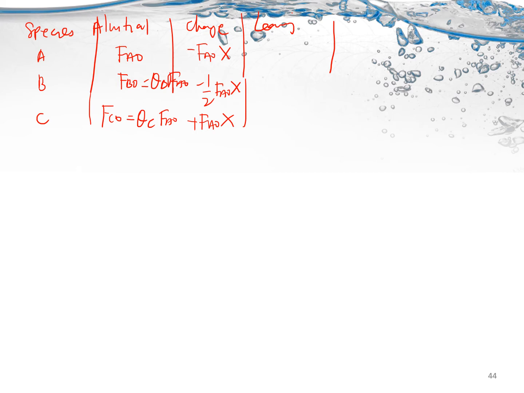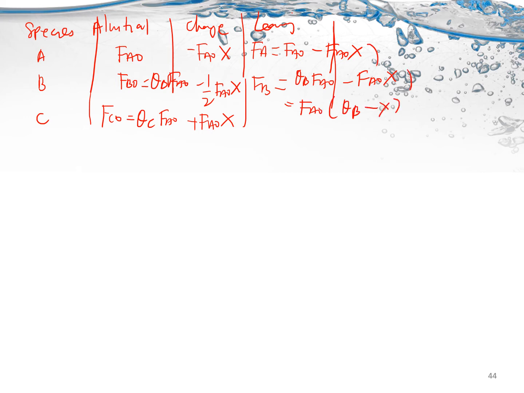So the values are: FA is equal to FA0 minus FA0 X, and FB is equal to theta B FA0 minus half FA0 X, or you can write it as FA0 times theta B minus X over 2.